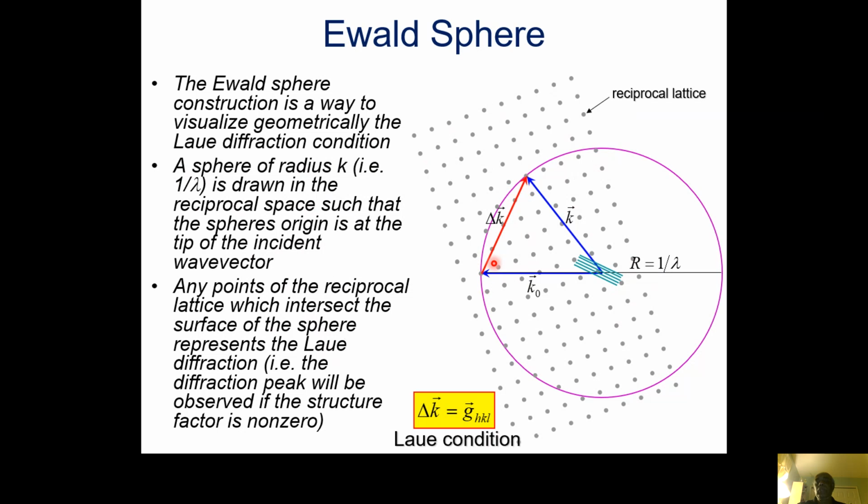That point gives you the condition that delta K should be equal to G, because any point to another point can be represented by a G vector. So if you go from here to here, that's the G vector, which satisfies the Bragg or Laue condition. This point is not, but this one is almost correct. But this point is perfectly fine, right? That's how we construct the Ewald sphere.